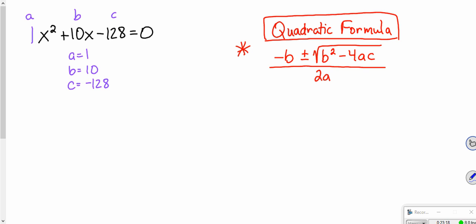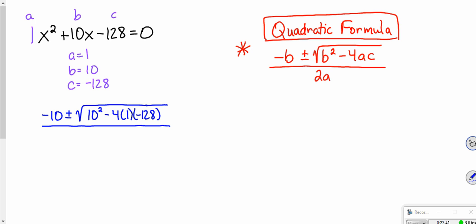So in the quadratic formula, we have negative 10 plus or minus the square root of 10 squared minus 4 times a times c, all over 2 times a. Now, a couple of things I'm going to say here.